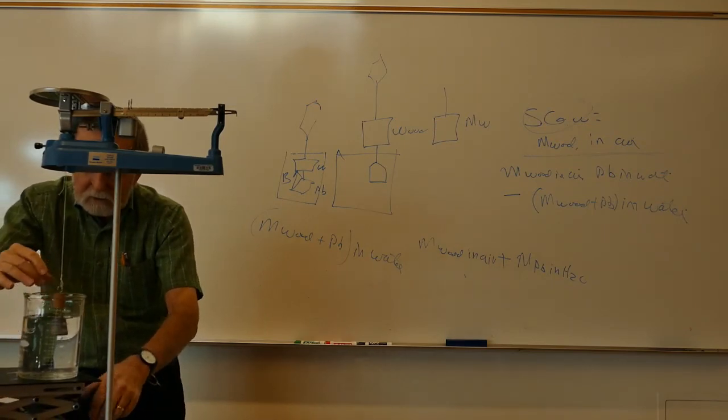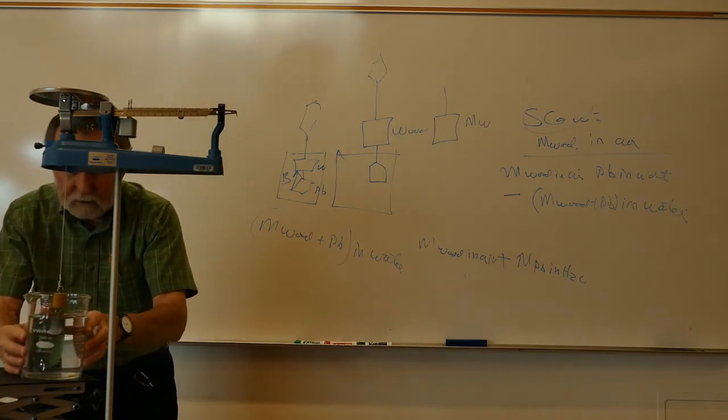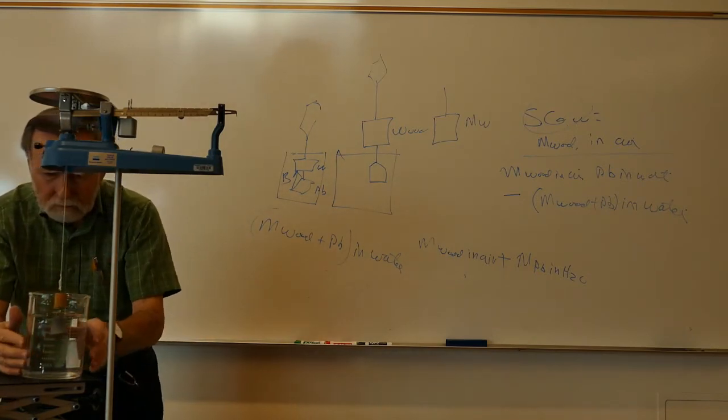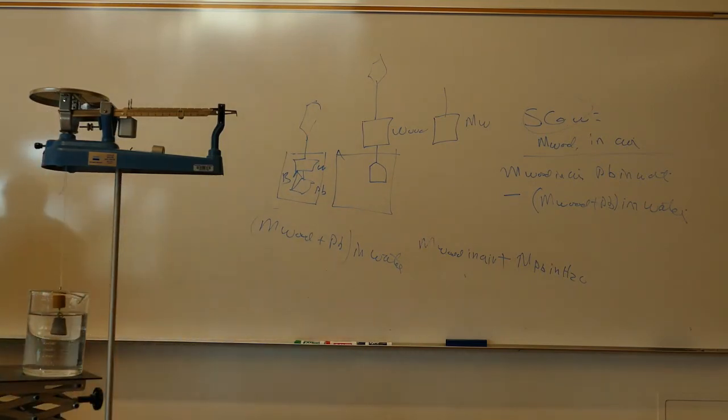That's what we have right there. You see the wood is in the air, the lead is in the water. Now there are some hooks involved. The hooks are different materials, so that's a possible source of measurement error. We're going to ignore that.